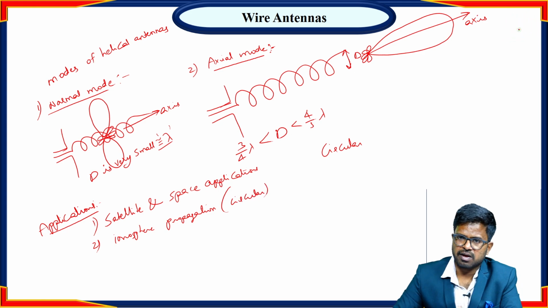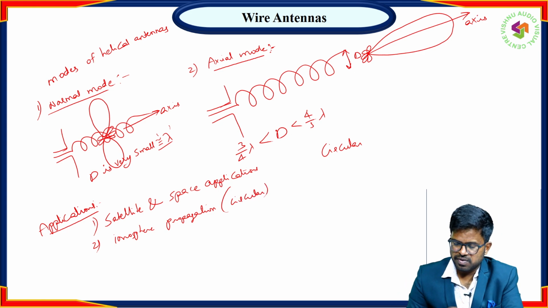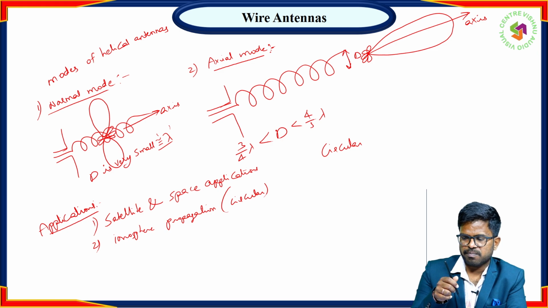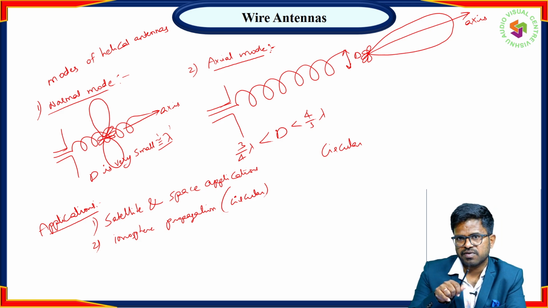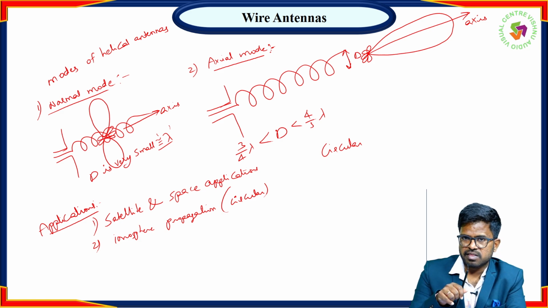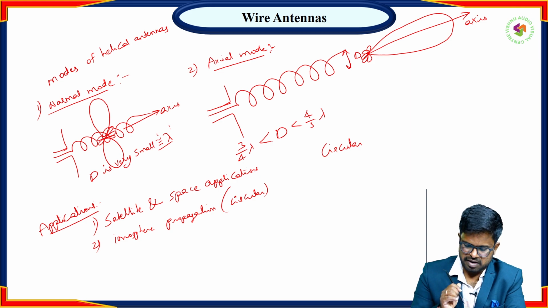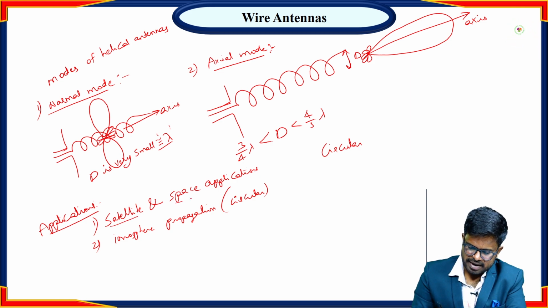What is the advantage of circular polarization? Just now I told you, when we use a linearly polarized wave, it will face Faraday's rotation and bend in the propagation. But when we use circular polarization, even though there is Faraday's rotation, the property will not be lost. Then we can receive the signal. So that's why we mainly use helical antennas in satellite and space applications.